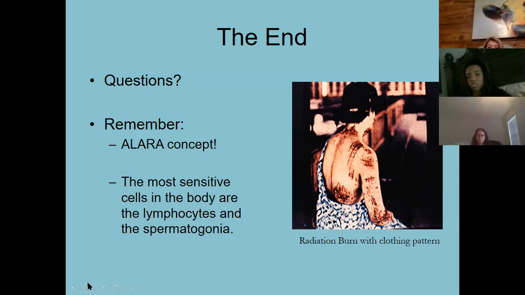All of these are considered important tissues and organs, and it's important to know what irradiation can do. One of the most important things to remember is that all of these responses are typically threshold responses, except for chromosomal damage. That is non-threshold.